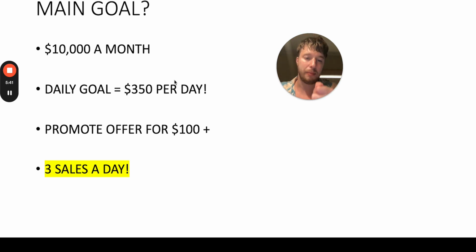If the company pays me $100 per sale, it means I need a minimum of 3 sales per day. 3 sales per day is quite easy. 3 sales a day is not 3,000 sales a day. It's 3 sales only, and only $100, not $10,000. So if you're making 3 sales a day, you're making $10,000 per month.